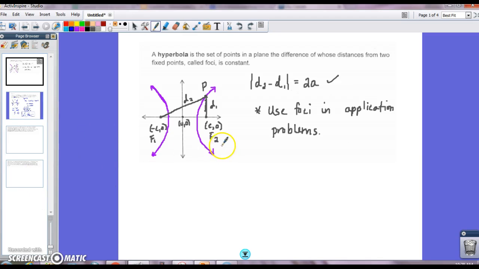But remember that by definition of a hyperbola, if you measure the difference of the distances from a point anywhere on your hyperbola to the two foci, that is always going to equal 2a. That's by definition what a hyperbola is. So we're going to use that to our advantage when we're doing these problems.